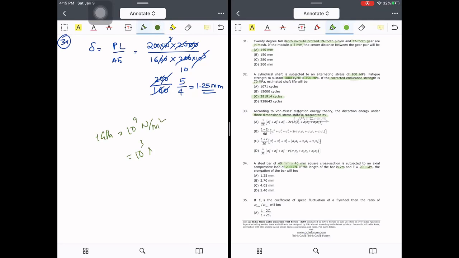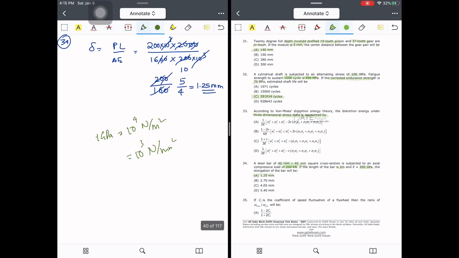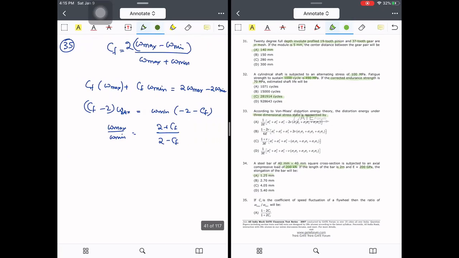E is equal to 200 GPa. Now 1 GPa is equal to 10 to the power of 9 Newton per meter square, or we can say 10 to the power of 3 Newton per mm square. Question number 34, I think I am getting 1.25 as the answer.